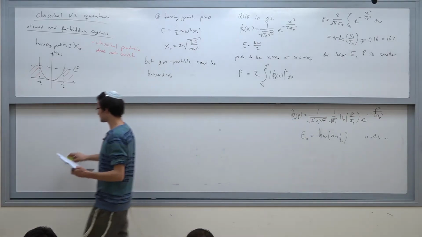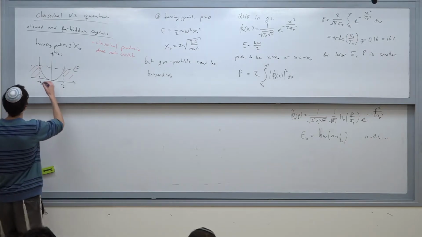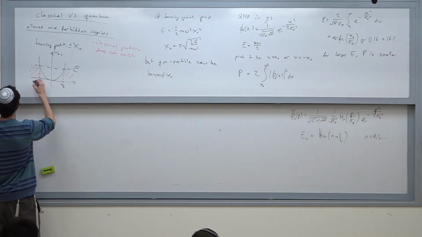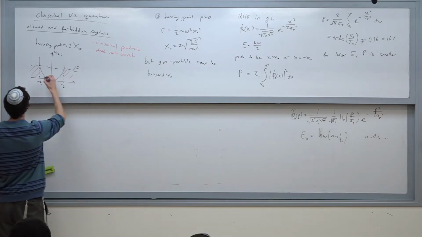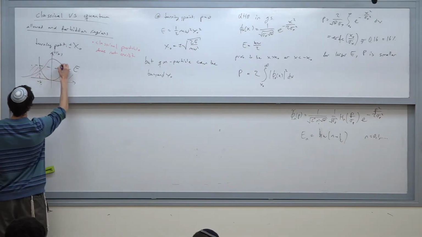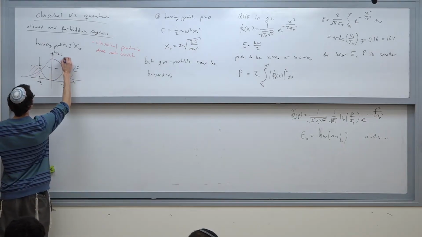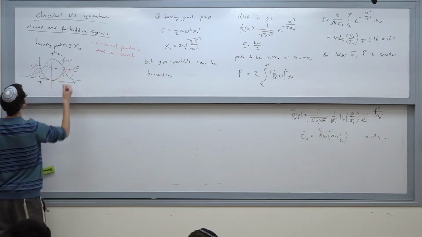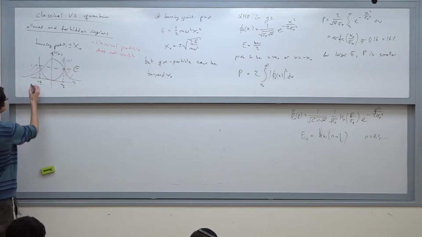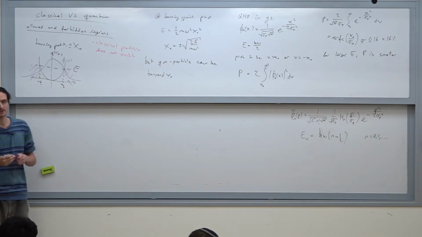Let me just add to this drawing of the potential, the wave function. So what I'm saying is that the wave function, it's a Gaussian, but it goes beyond the turning points. So it's something like this, just symmetric. So it leaks into the classically forbidden region.